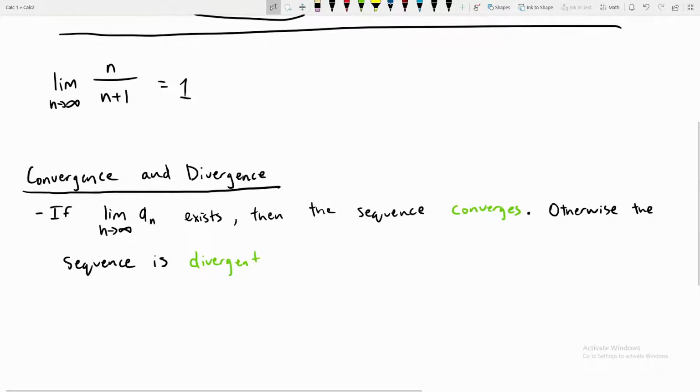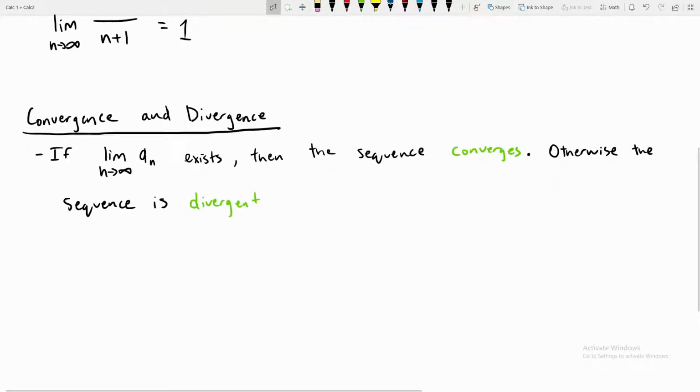So moving on to convergence and divergence, we have talked about this in some previous lessons, but the concept remains pretty much the same. Basically, if the limit of the nth term of a sequence exists, then we say that sequence is convergent, or the sequence converges.